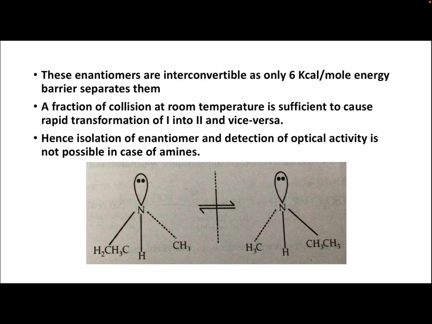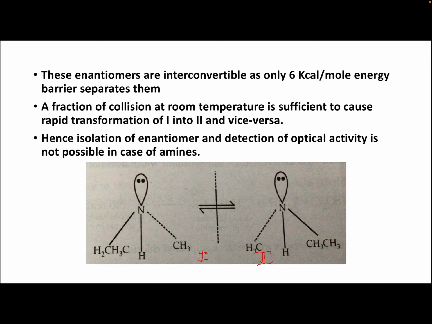That means the energy barrier between these two is very small, and a fraction of collisions at room temperature is sufficient to cause rapid transformation of 1 and 2. So 1 and 2, both of these, are interconvertible.